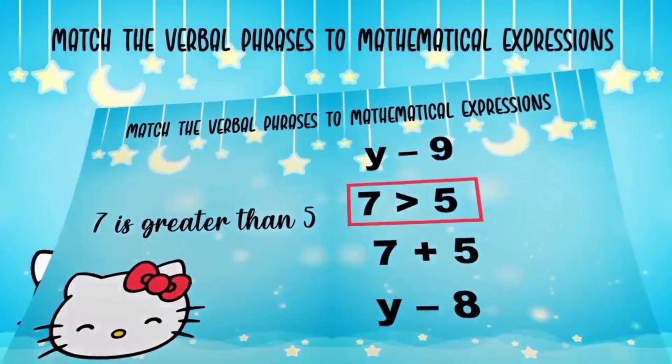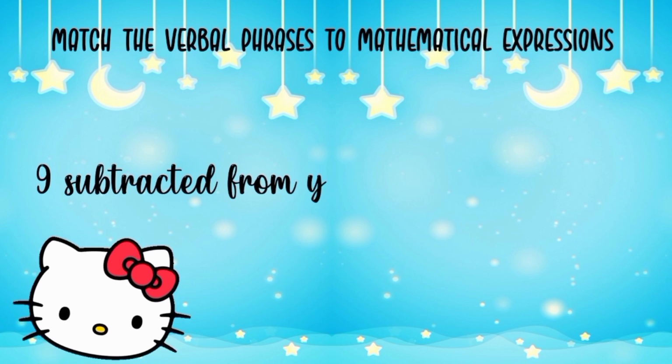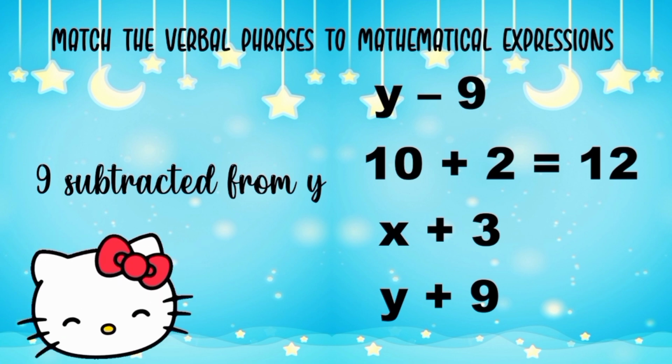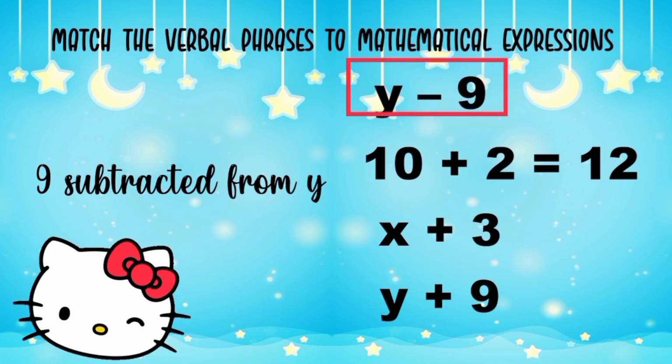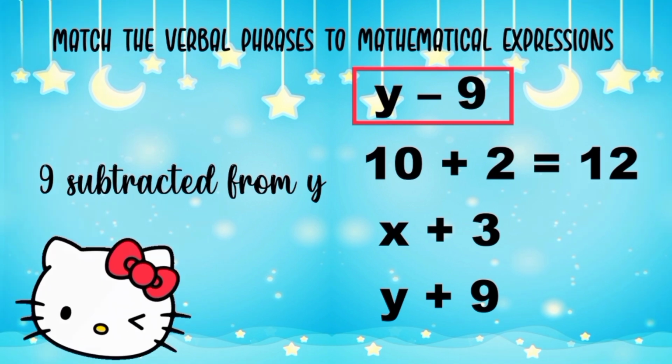Let's proceed to number 2. 9 subtracted from y. Now choose among the given expressions. Our answer is y minus 9. We have to change the position of y and 9 because of the word subtracted from.